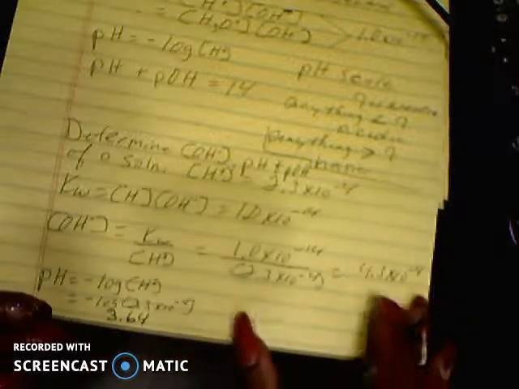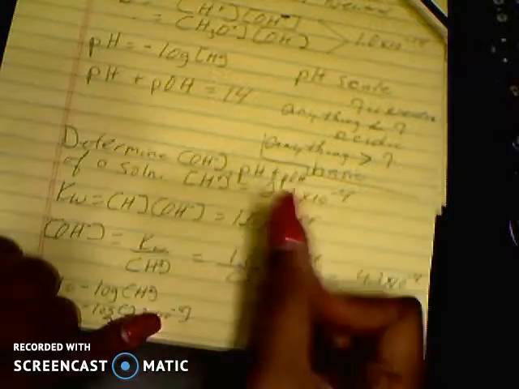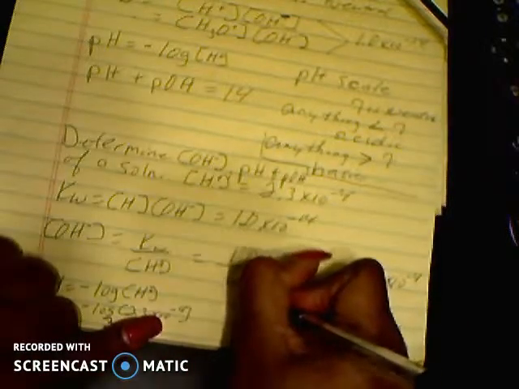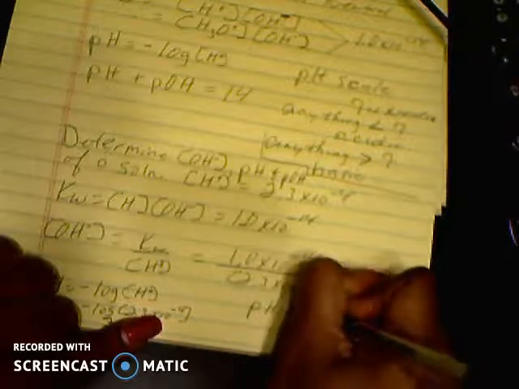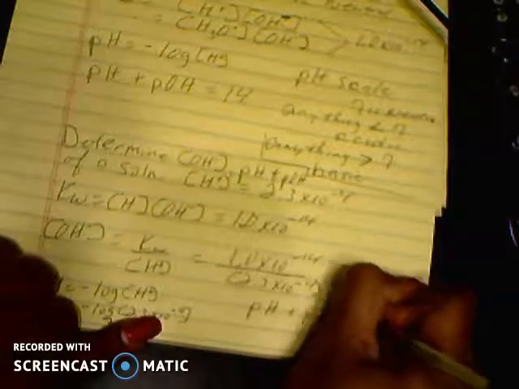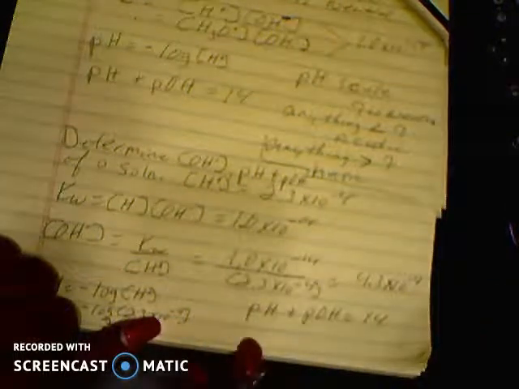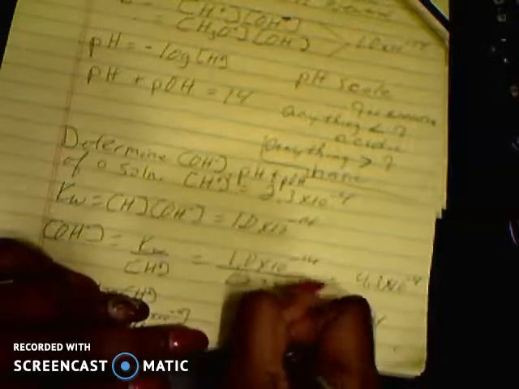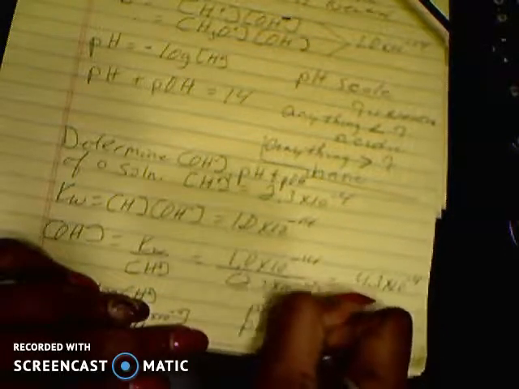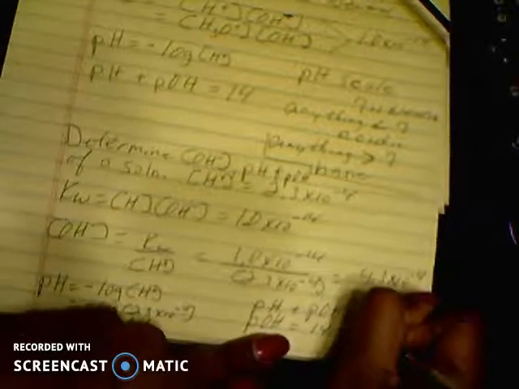Now, remember, I told you up here, pOH plus pH equals 14. So therefore, if I want to find the pOH, it would equal 14 minus the pH.